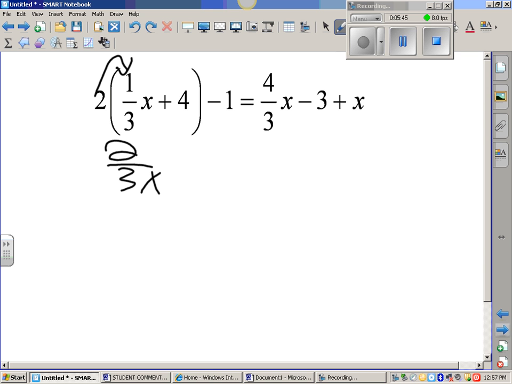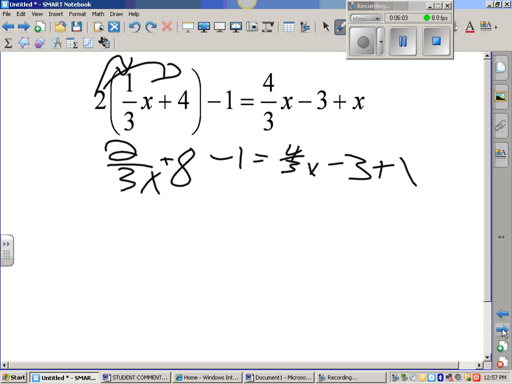Okay. Now what? You multiply 2 and 4. Good. Multiply 2 and 4, and you get positive 8. Don't forget positive. Okay. What are you going to do with the negative 1? Bring it down. Good. What do you notice you can do on this side of your equation? Did you bring this over? Sure.